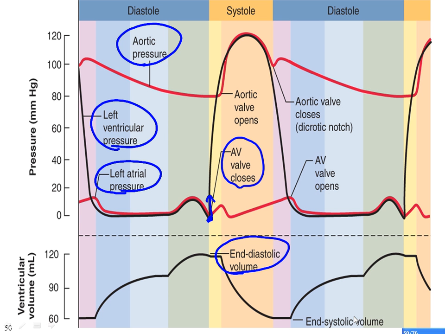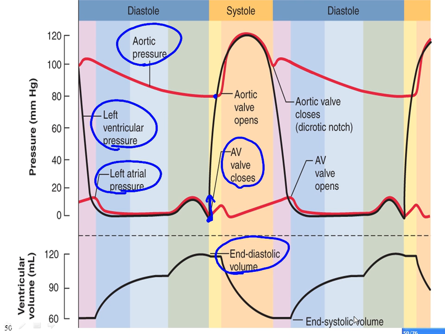Now that left ventricle will continue to contract, and in order to open the aortic semilunar valve, it has to generate enough pressure so that it exceeds aortic pressure. When the pressure in the left ventricle exceeds aortic pressure, that's when your aortic semilunar valve is going to open. So notice, here is our aortic pressure.